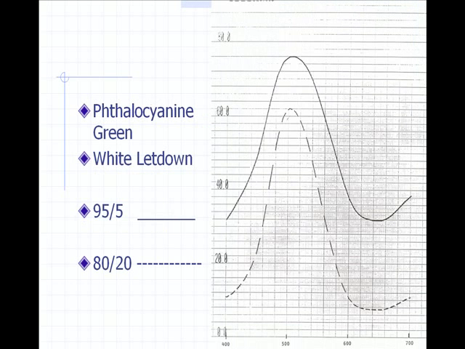Here is another phthalocyanine pigment. It's phthalocyanine green, and it has a very similar shape to the phthalocyanine blue pigment, except that the big peak is shifted over so that the middle of the peak is about 500 nanometers, which makes it a green instead of a blue.